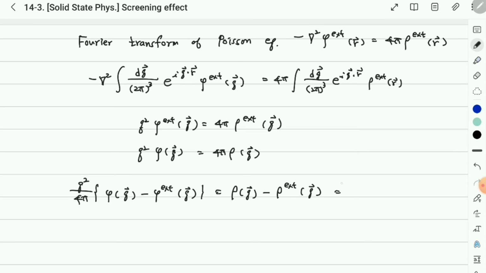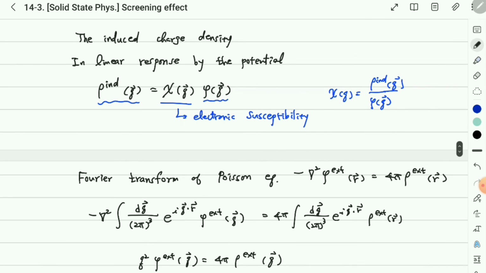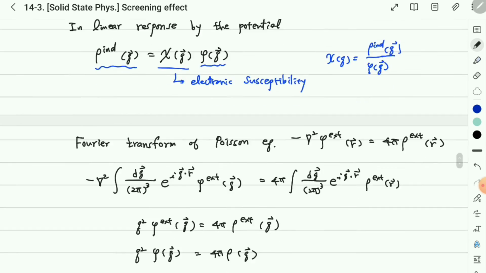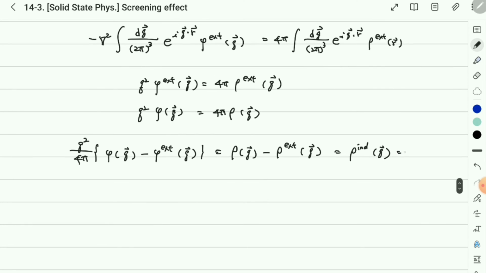Then this is the definition of the induced charge, the induced charge q. We already know that the induced charge is related to the potential through the electronic susceptibility, so it is chi q times phi q.